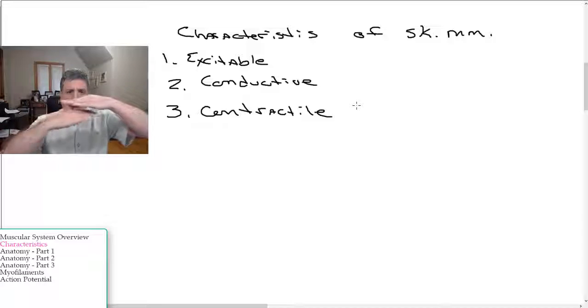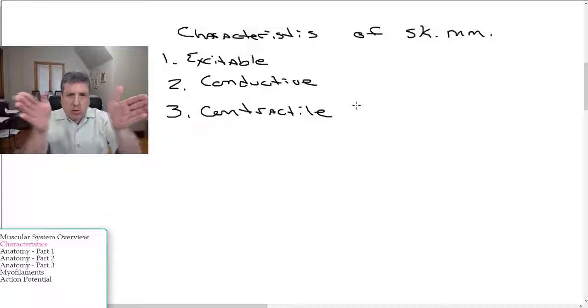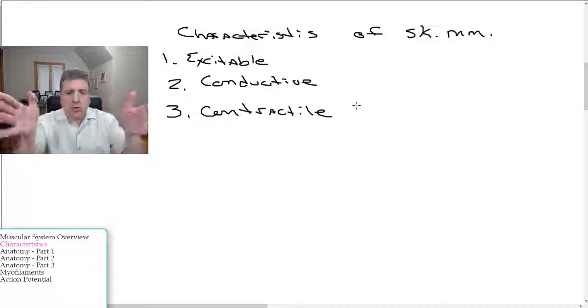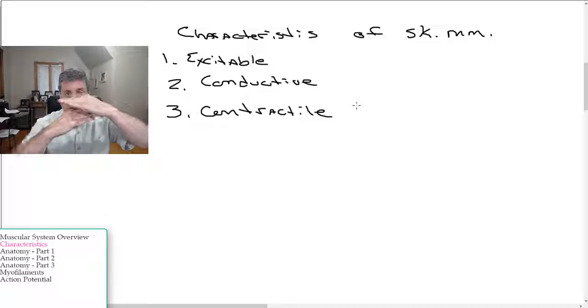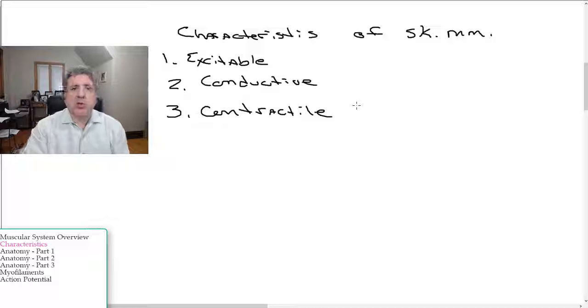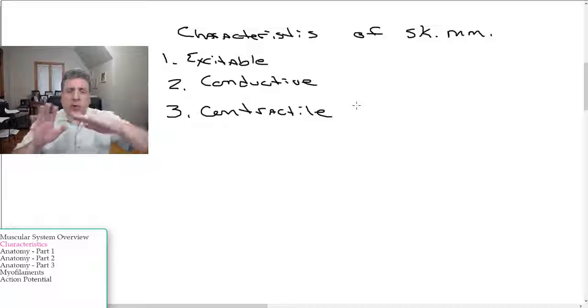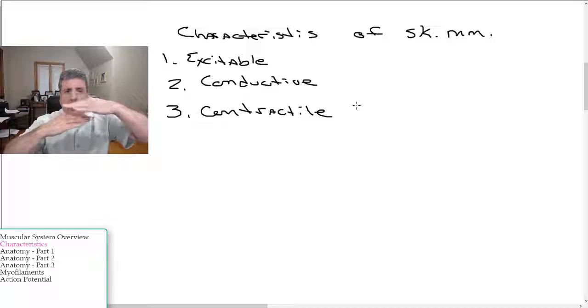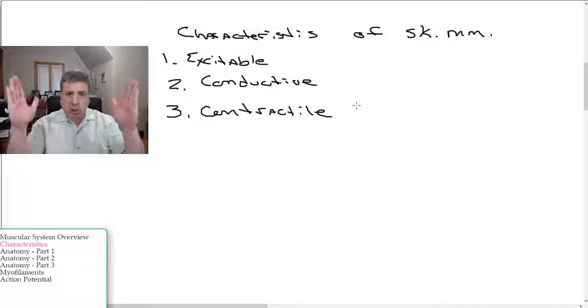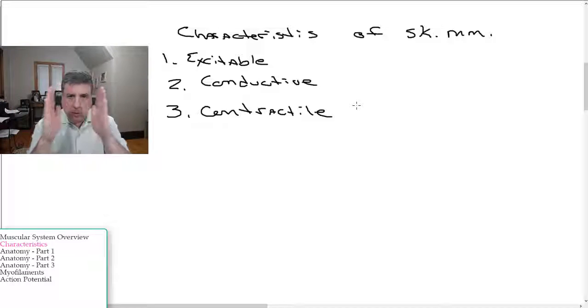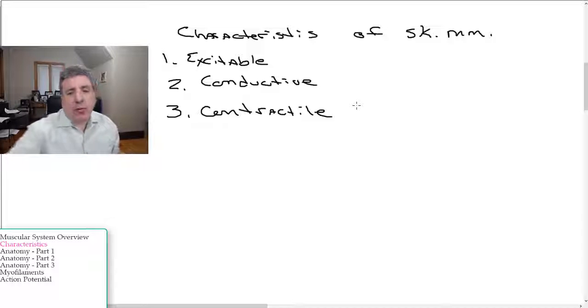And when they slide across each other, that shortens, or contracts, the muscle. Again, we're going to get into this in much more detail in a future video, but for now, know that these proteins in the muscle cell have the ability to contract, which means they're sliding over each other, which causes it to shorten.